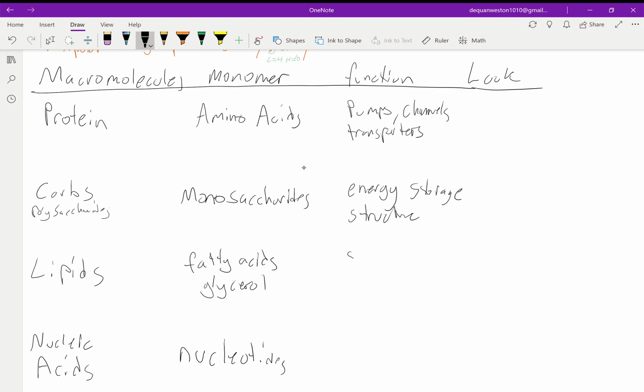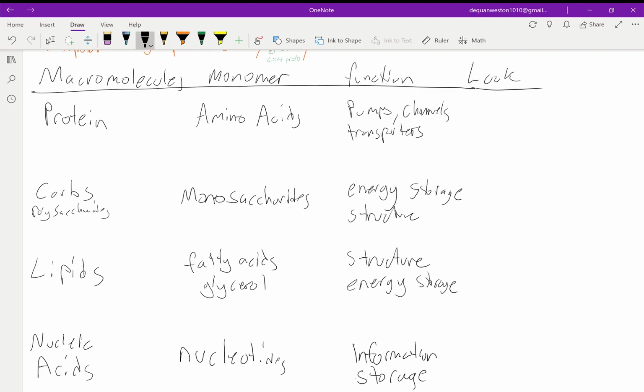Lipids, it's basically all structure and some energy storage. Think of a triacylglycerol. That's actually one of the main forms of energy storage. So nucleic acids, their function is information storage. And it can store a lot of information.